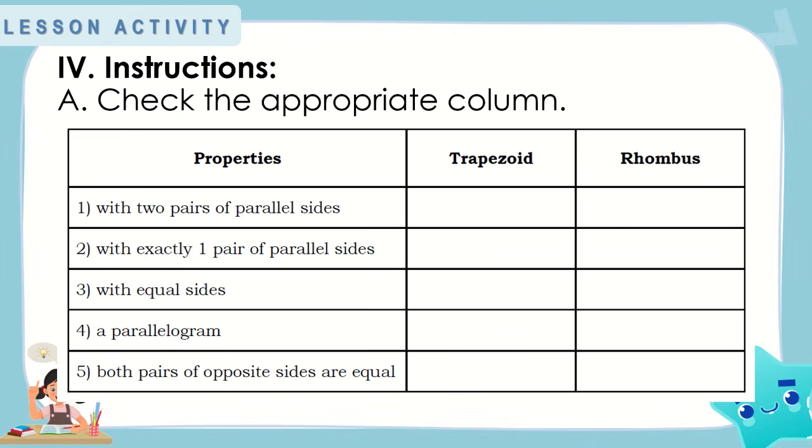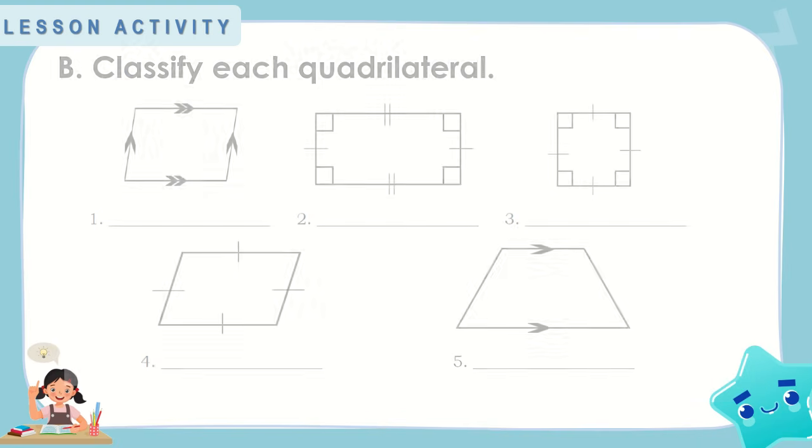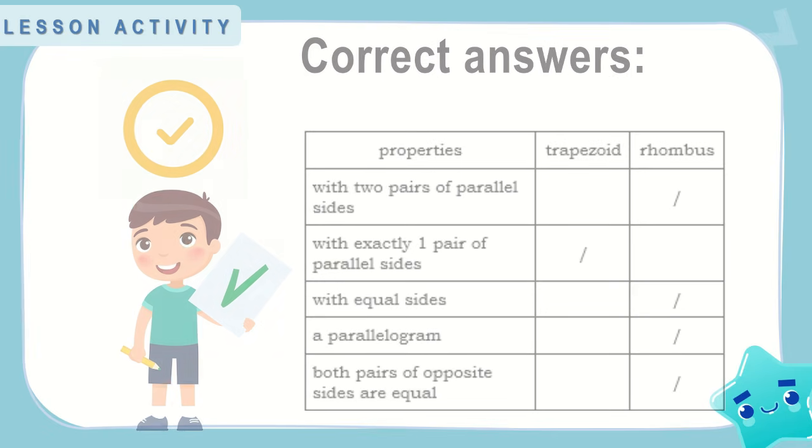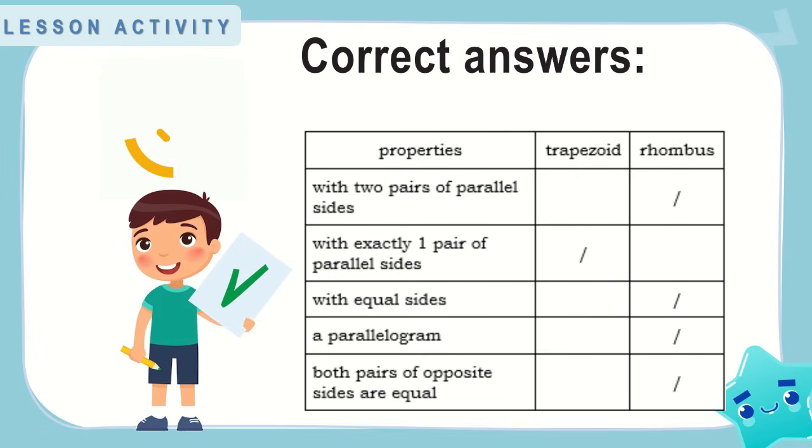For the properties, we have with 2 pairs of parallel sides, with exactly 1 pair of parallel sides, with equal sides, a parallelogram. Both pairs of opposite sides are equal. B. Classify each quadrilateral. Here are the correct answers.